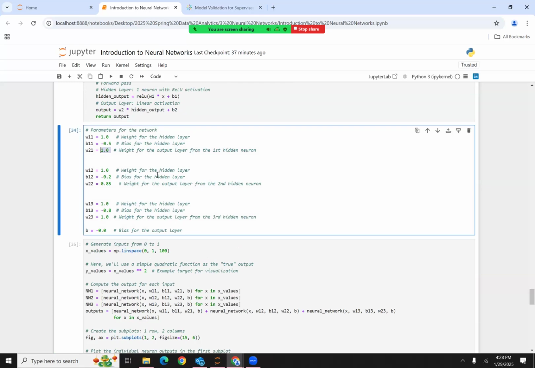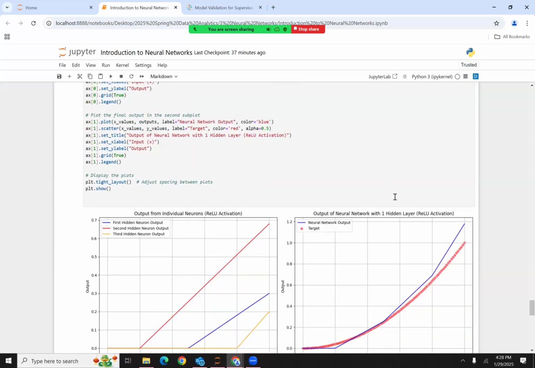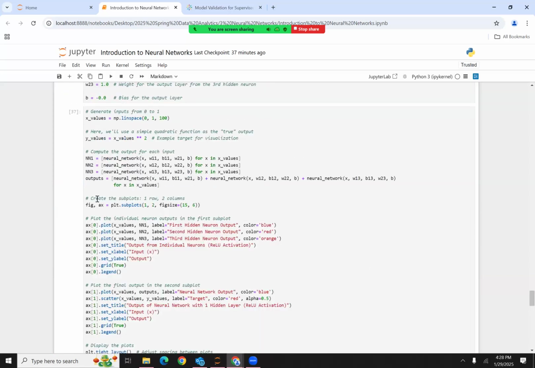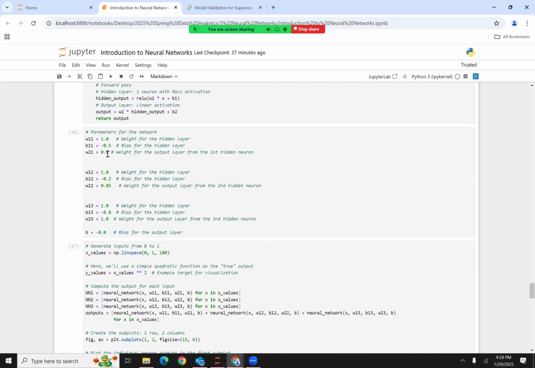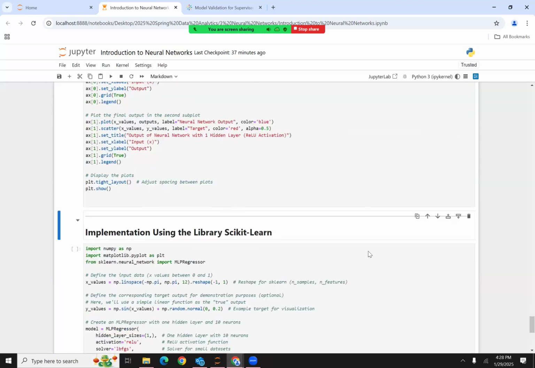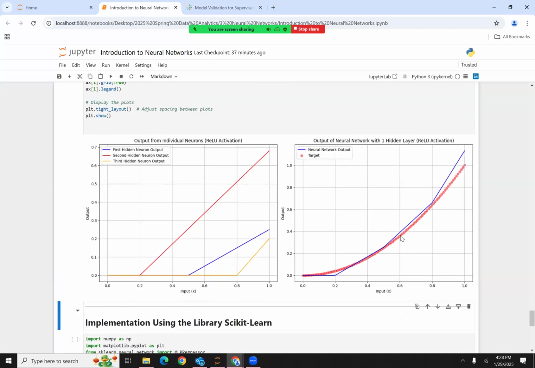I'm going to make this about 0.6 and see where that gets us. It got us pretty close to the actual data. Maybe if I tried something closer to about 0.5, I might be very close to what the data looks like. And there we go. A slope of 0.5 associated with the hidden neuron 1 output gets us pretty close to the data.